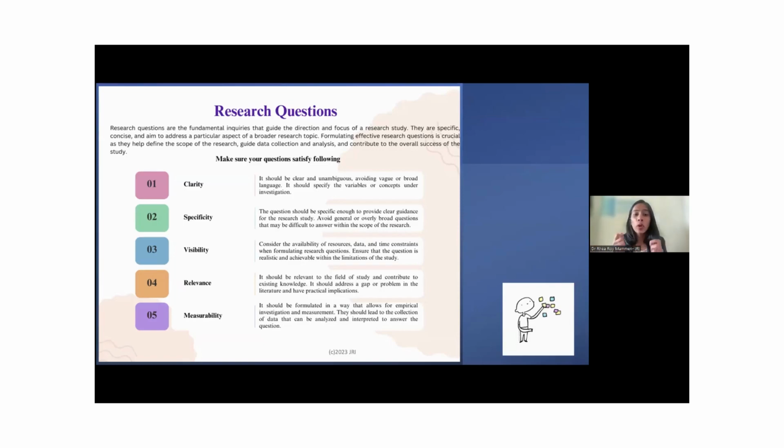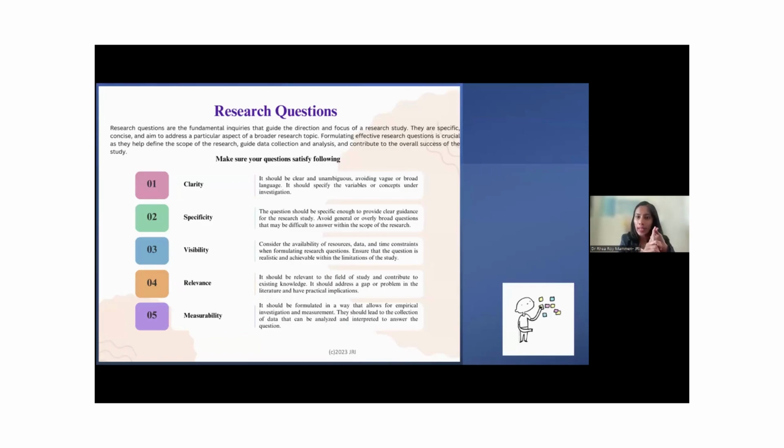Got it? So what you need to keep in mind while you frame your research question is that the answers would be a conclusion reached through the research that you conduct. First is the inquiry, the fundamental inquiries or guide that the scholar has, that would guide you to find the answer.